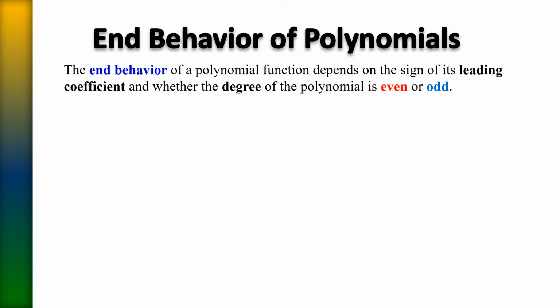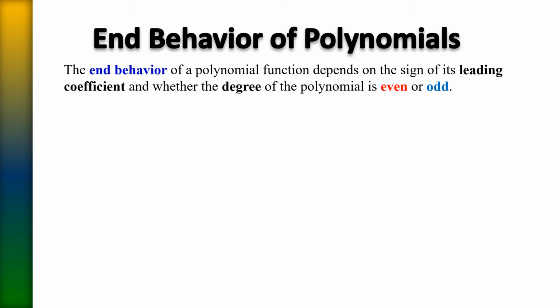Recall that to find the degree of a polynomial, all you have to do is look at all the terms within the polynomial. Look for the term that has the highest degree, and if that degree is even, then it's an even polynomial. If that degree is odd, then it's an odd polynomial.